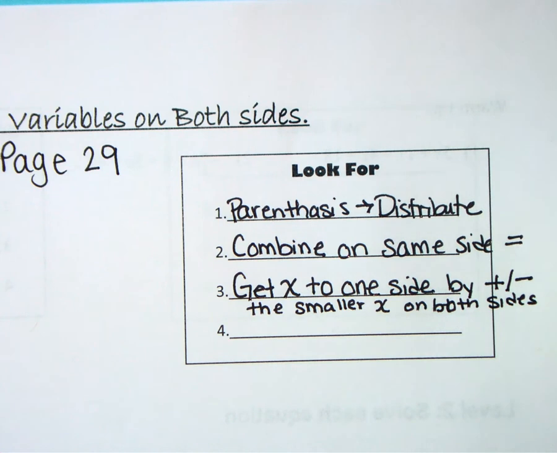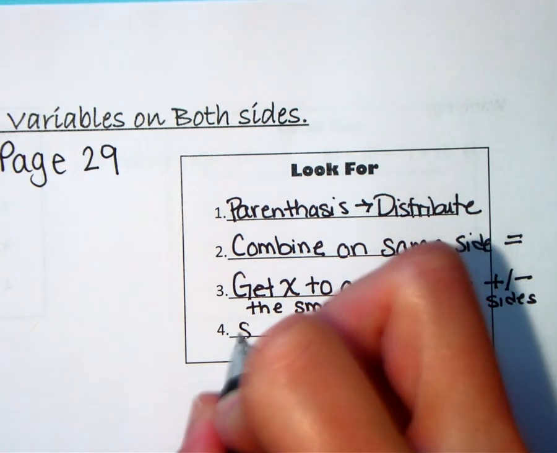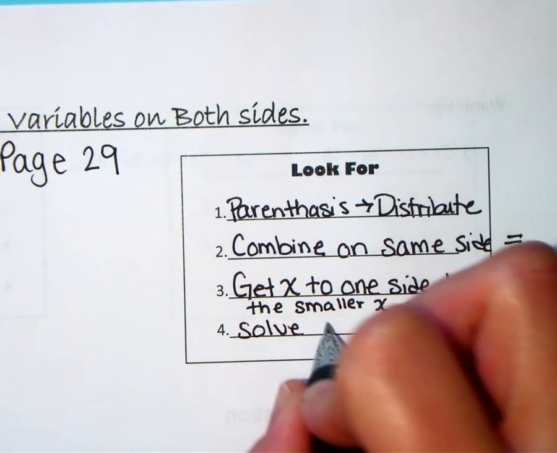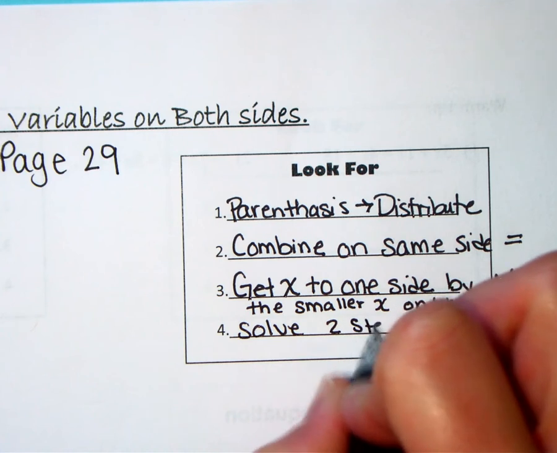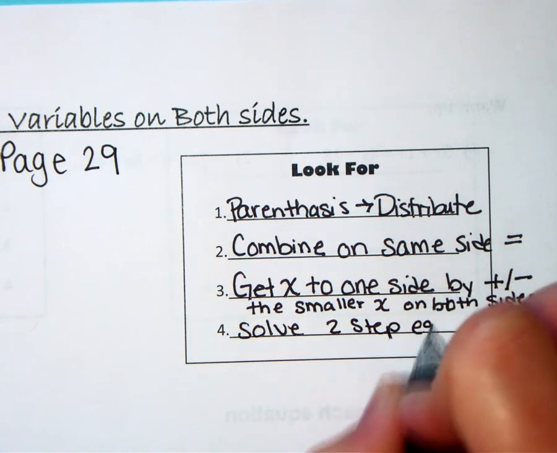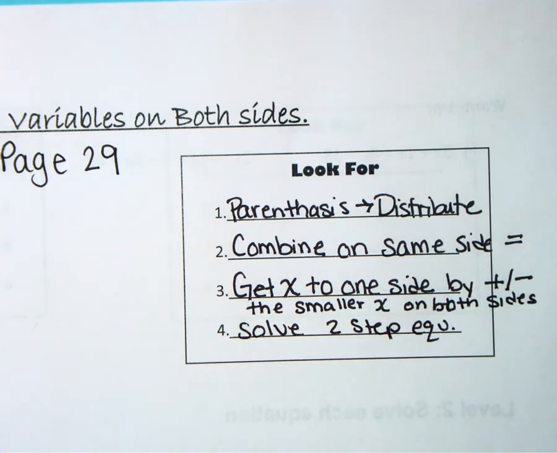Okay, and then number 4 is we're going to solve our 2-step equation, which is our undo addition, subtraction, undo multiplication and division, which after today, we don't really need to write that down anymore because we've got it. We already took our formative assessment on that, and we know how to do a 2-step equation, so I'm just going to write solve a 2-step equation.